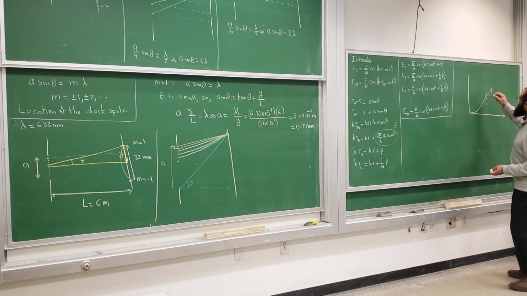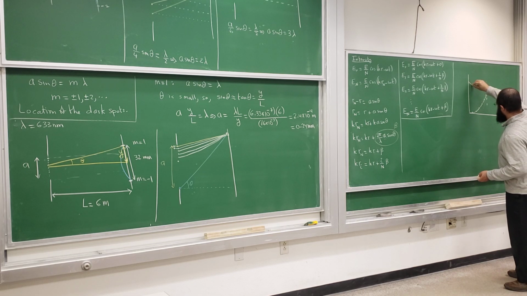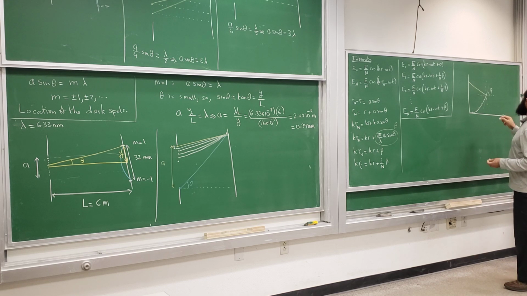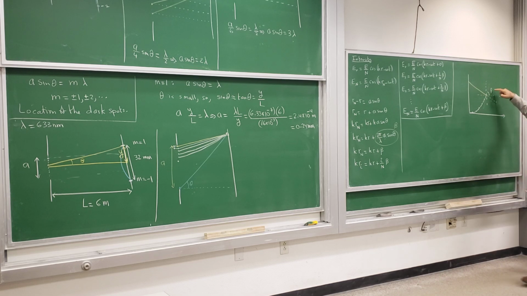Then draw one more. I want to draw perpendicular to this one. If this is beta, this will be 90 minus beta, and so this will be beta. Extend this one.